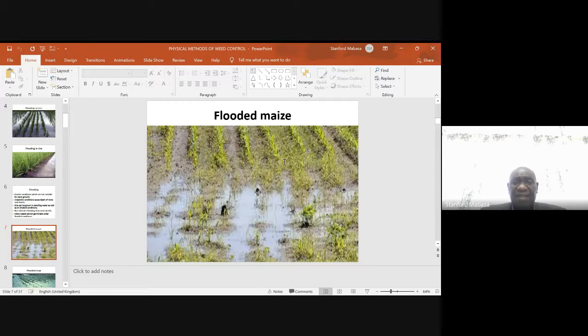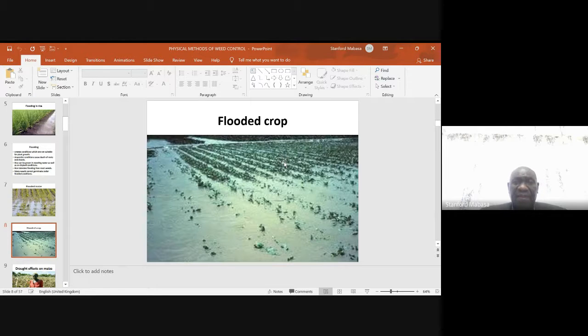This is flooded maize. This is quite undesirable. Although it can kill some weeds, it can also kill the maize. This is a flooded crop which can kill both the crop and the weeds. So we need a crop which tolerates flooding, like rice.